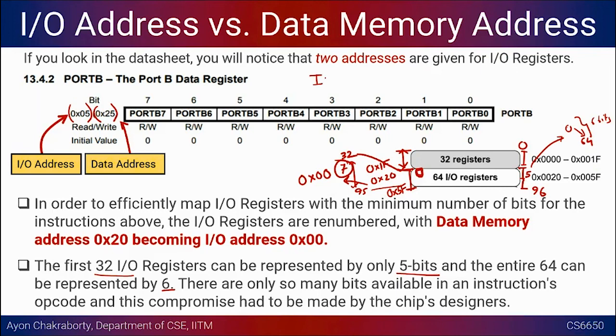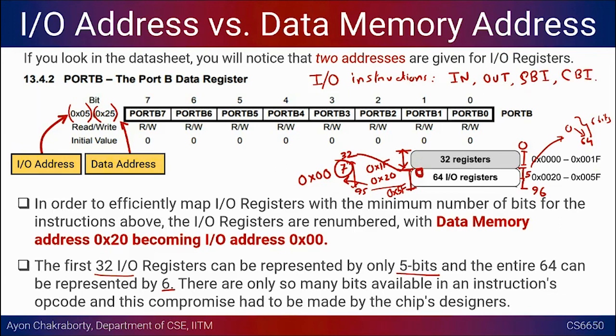There are several input output instructions. Some of them are something called in, something called out, or the set bit, right? You want to set a bit, clear a bit, and so on.